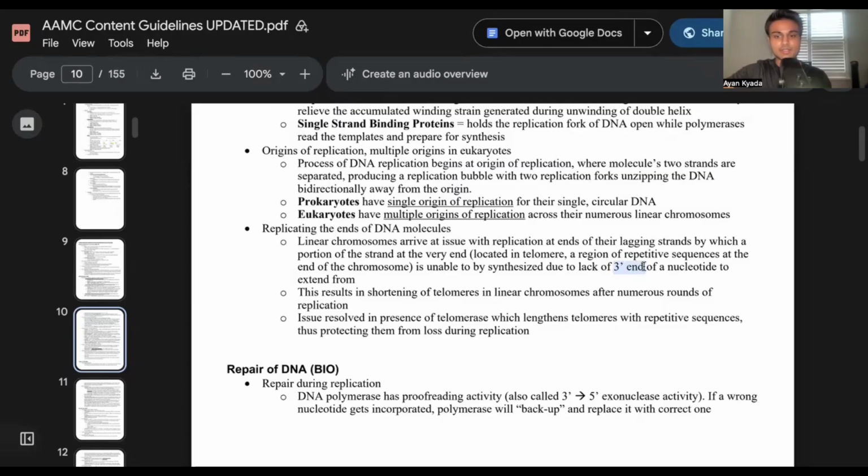So how do we copy that very last sequence? Well, telomeres are what allow us to copy this sequence. Telomeric sequences are largely repetitive, largely non-coding regions added solely for this purpose: to add upstream DNA so that there's a 3' hydroxyl group that the DNA polymerase can utilize to fill in the last part of the chromosome.